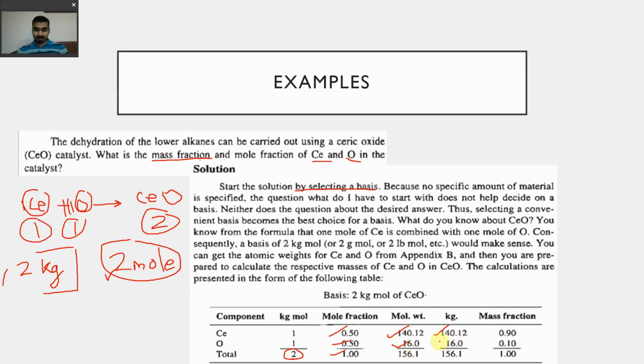Kilogram: as 1 mole are present, kilogram and molecular weight will remain the same. Done. Mass fraction. How are you calculating mass fraction now? Simple, 140 by 156.1 will give you the mass fraction as 0.9, and 16 by 156.1 will give you the mass fraction as 0.1. Simple. How to select a basis is clear. I should assume that you should be clear by now how to select that basis.